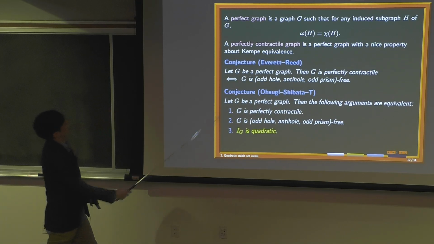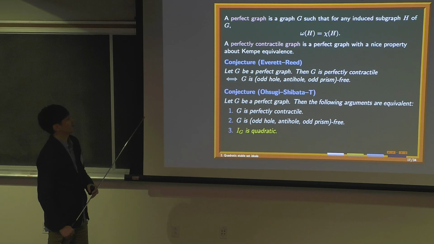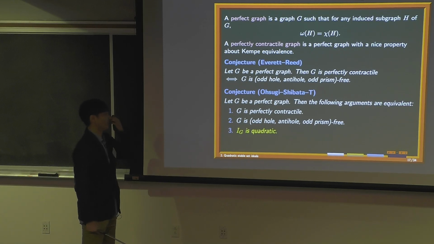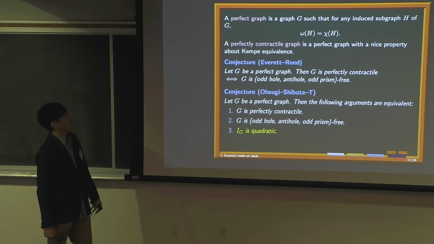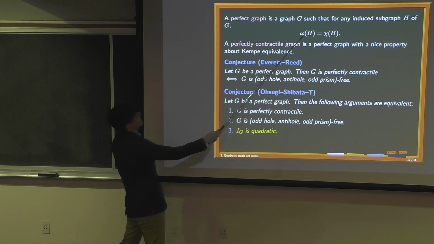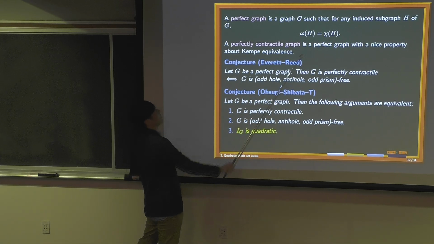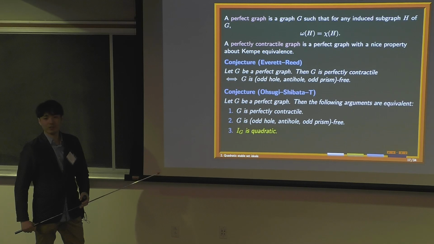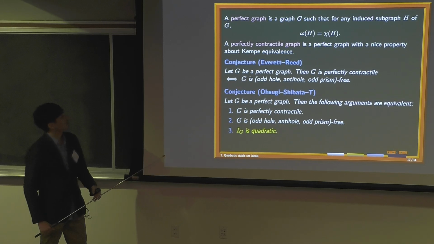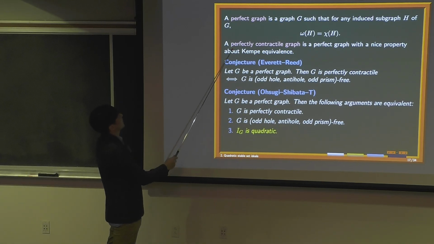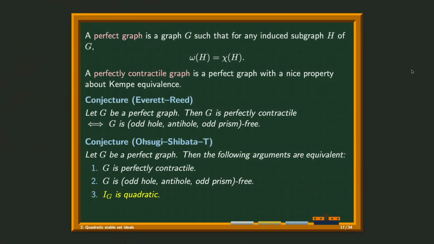Anyway, a perfect graph is a graph G such that for any induced subgraph H of G, this equation holds. On the other hand, a perfectly contractile graph is a perfect graph with a nice property about Kempe equivalence.